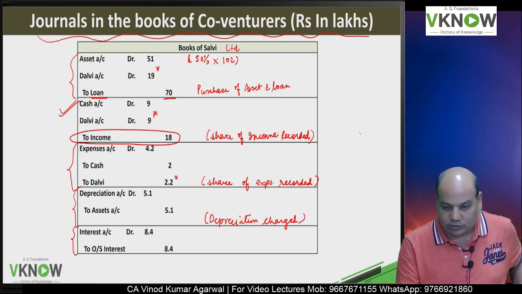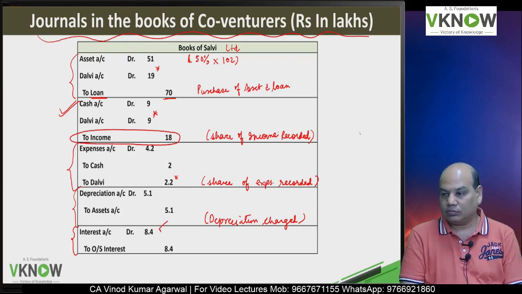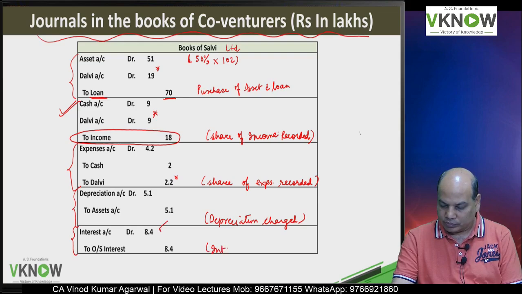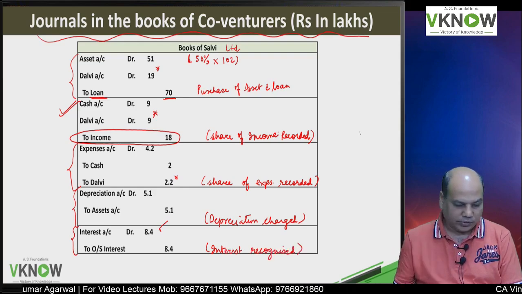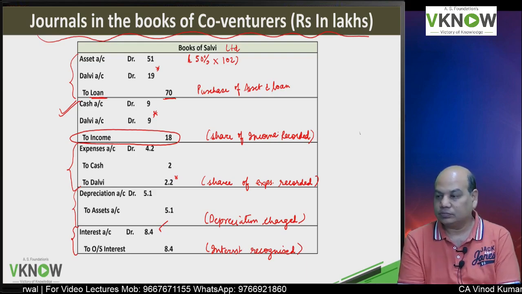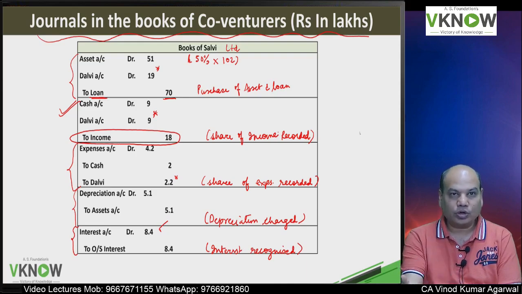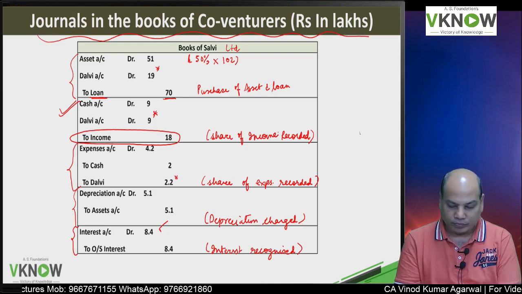So my entry will be interest account debit 8.4 to interest outstanding 8.4. Being interest recognized. And now we are going to record the same set of entries in the books of Dalvi Limited.